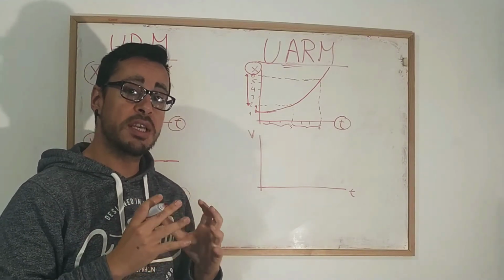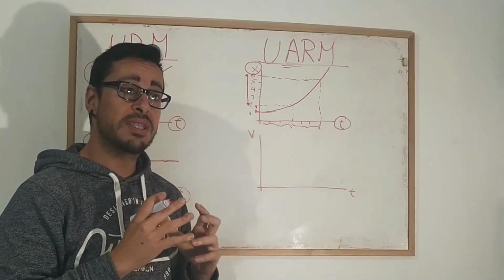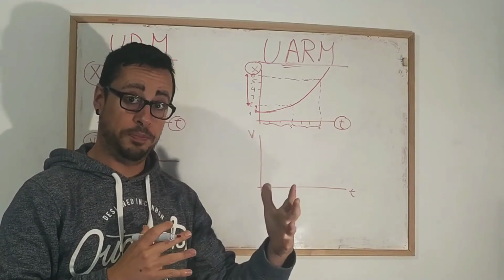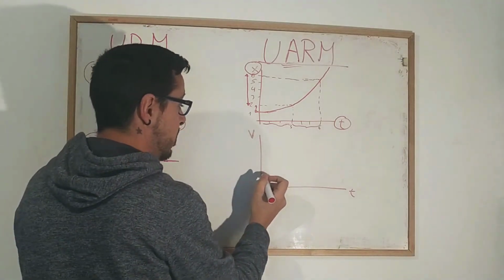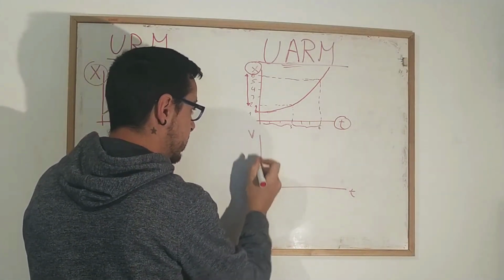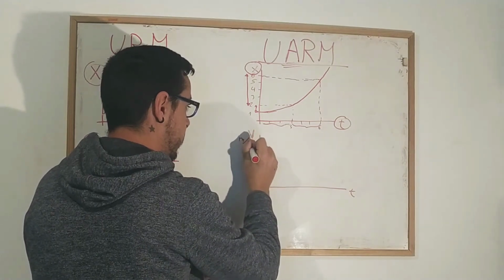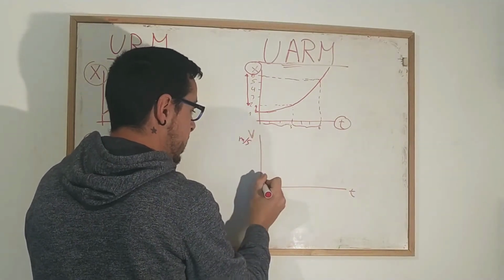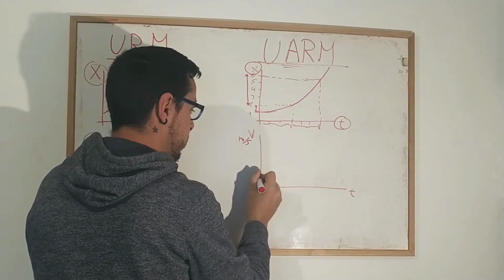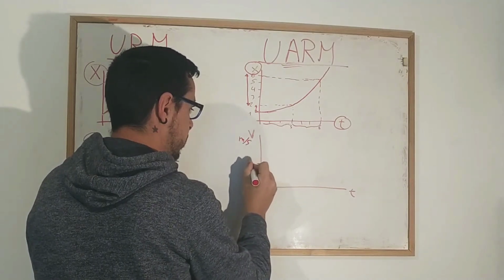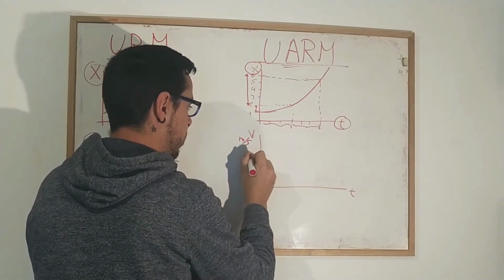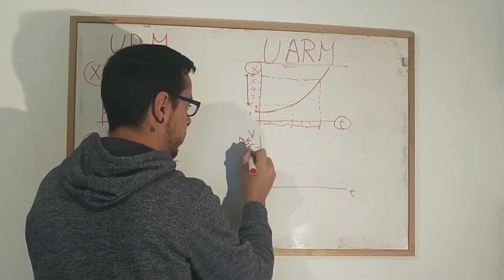So velocity is going to increase always in the same proportion. So the graph is going to be something like this. This is meters per second, and 1, 2, 3, 4, 5.